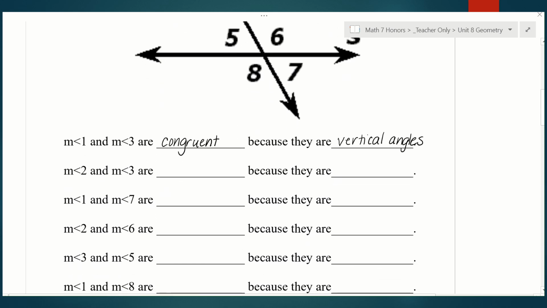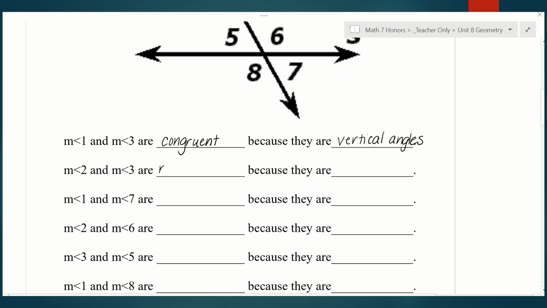So we're going to say that these are not congruent, because they are, and the only name we can give them when they're not congruent is that they are supplementary. They're going to add up to be 180 degrees.